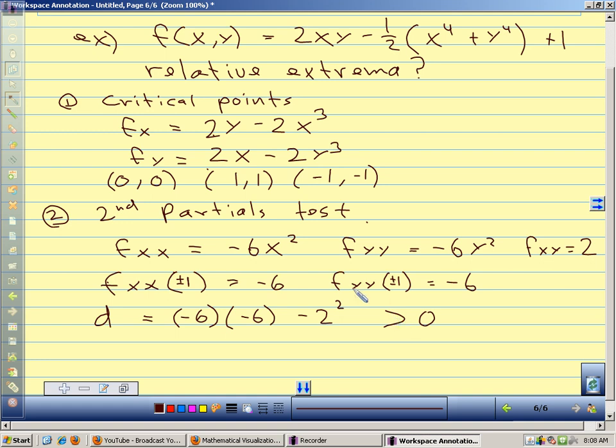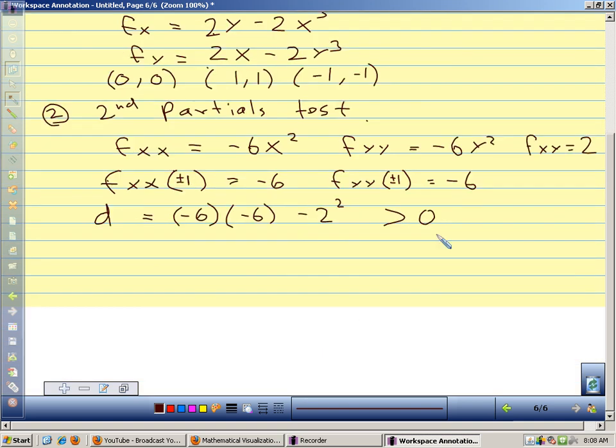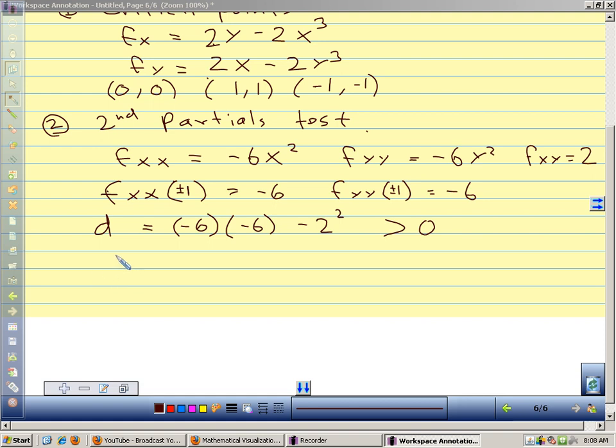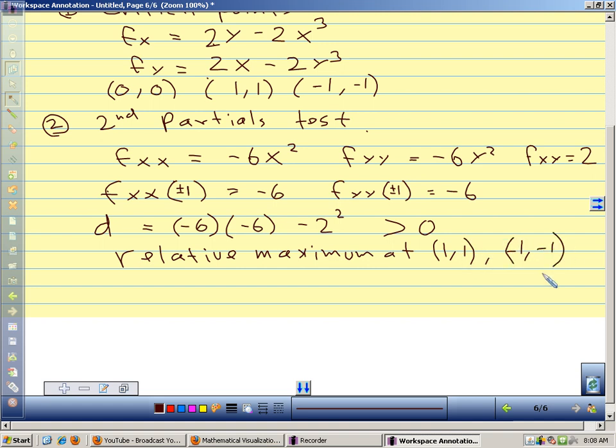Our first partial is less than 0, so we have a relative maximum at 1, 1, and minus 1, minus 1. So there's our test for 1, 1, and minus 1, minus 1. And I'm just going to write this up here to remind us that that's what we did here.